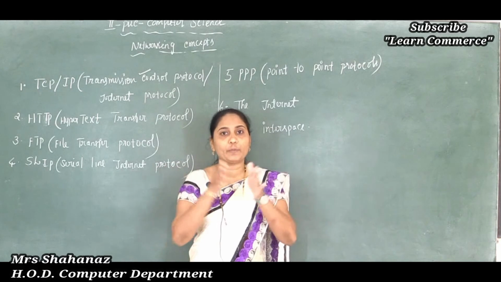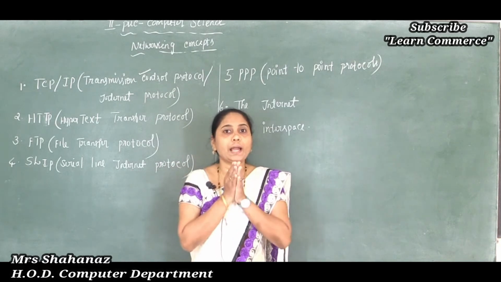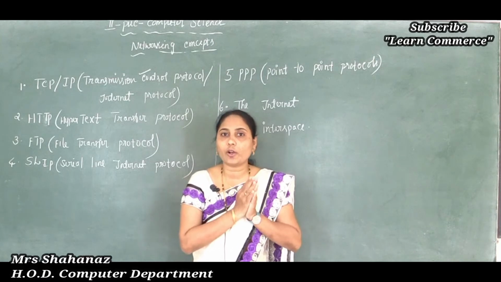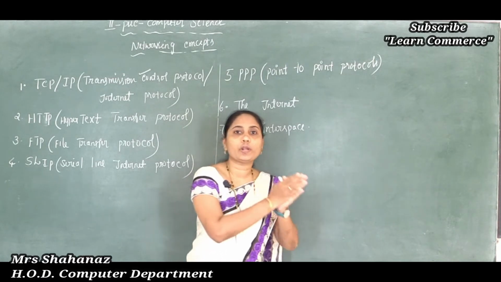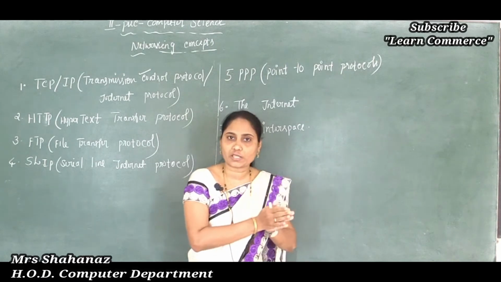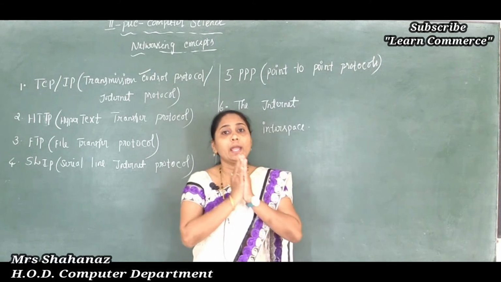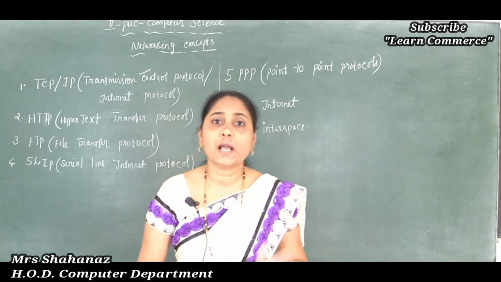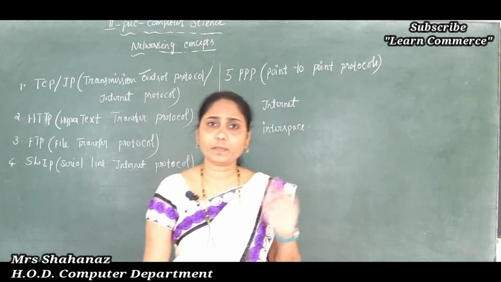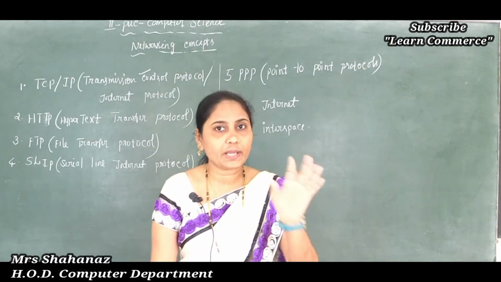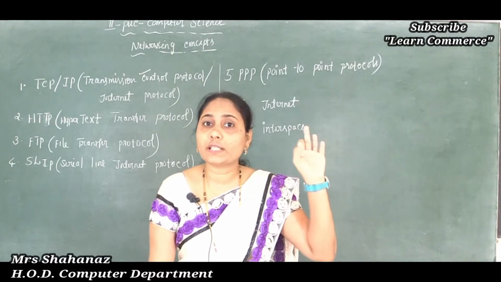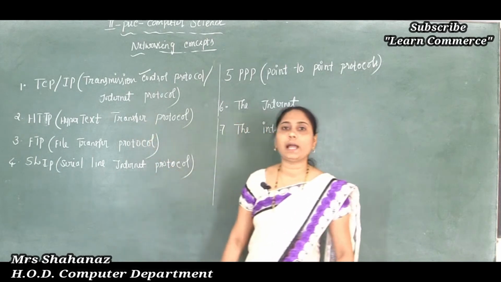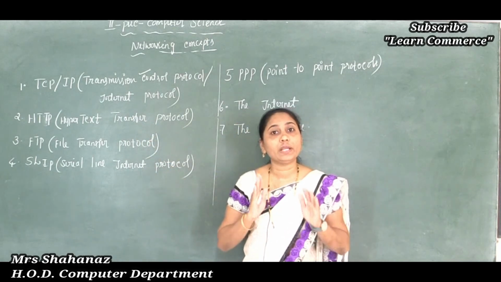We know that two computers are interconnected, and the purpose is to make communication. The meaning of communication here is to transfer any type of resources, maybe hardware, software, any data, or any kind of information or programs from one computer to another computer. So this protocol assumes that there is a way to communicate reliably between two computers with each other.